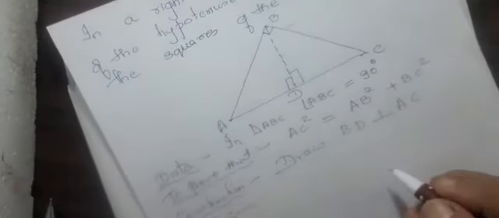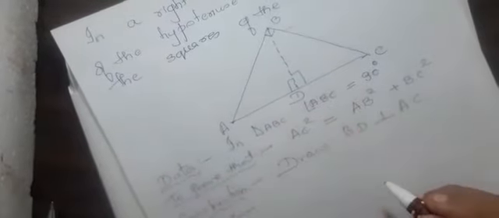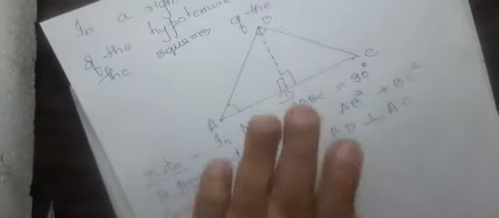Now comes the proof. In order to prove it, you need some knowledge which you learnt in lower classes, in 9th or 8th. I am going to mark this angle now, in this right angle triangle where angle B is 90 degrees.